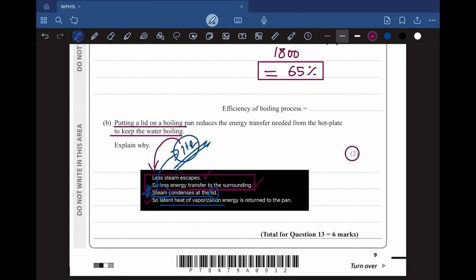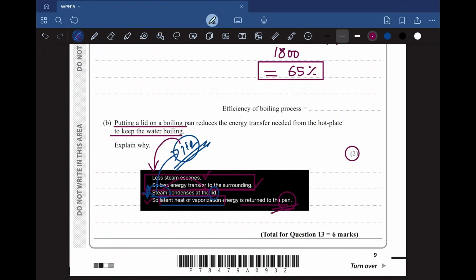Now, when it has condensed at the lid, it is returning that latent heat of vaporization energy to the pan. So it releases the energy to the pan, and this energy goes back to the hot water. So when it is going back to the hot water, the latent heat of vaporization used is less.